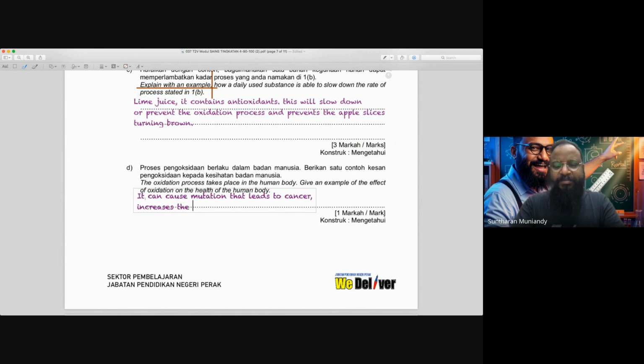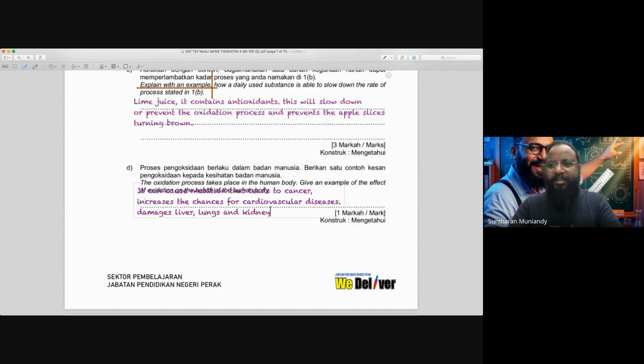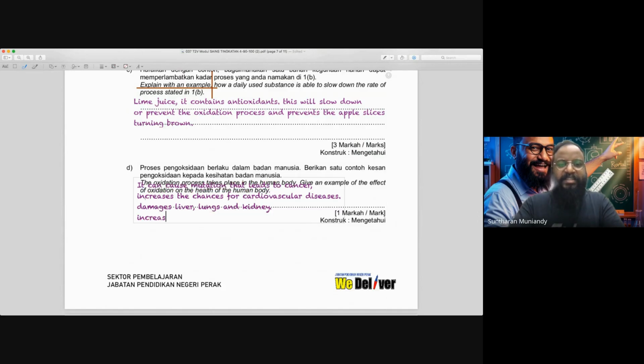increases the chances for cardiovascular diseases, damages liver, lungs, and kidney, increases the aging process.